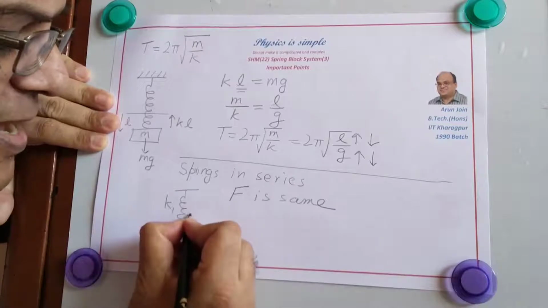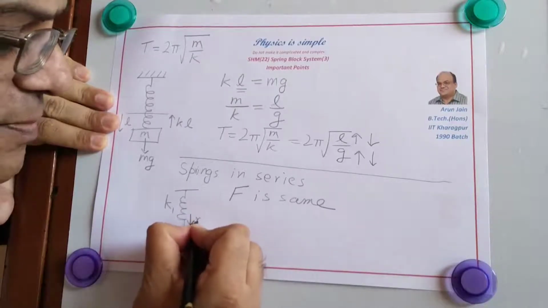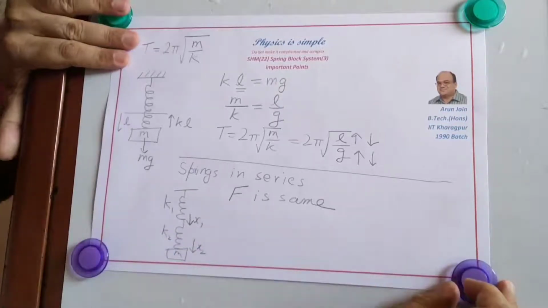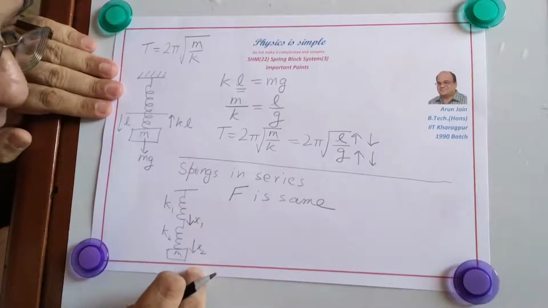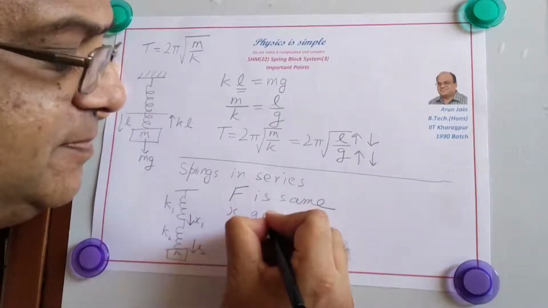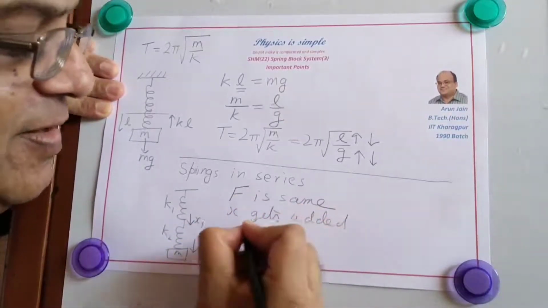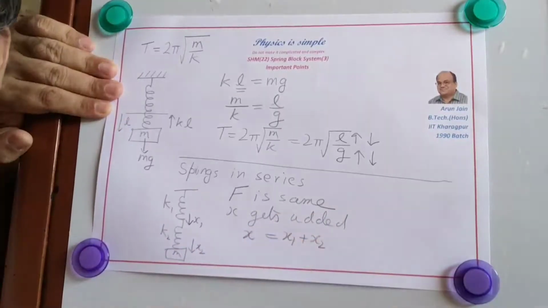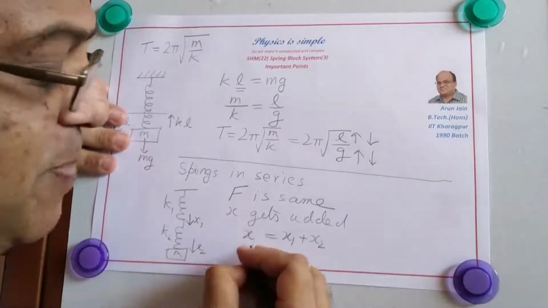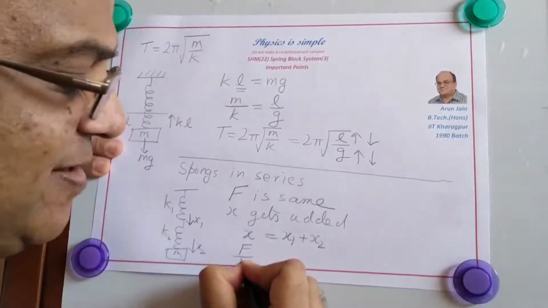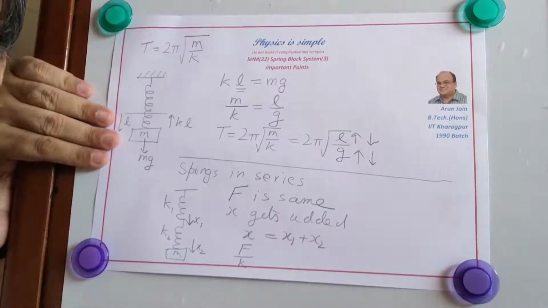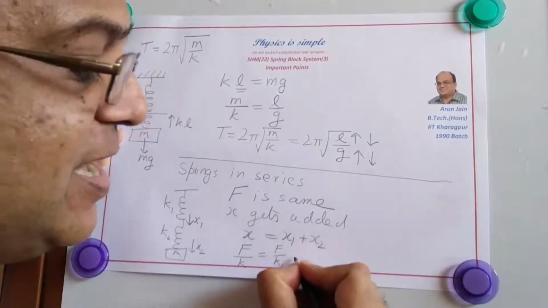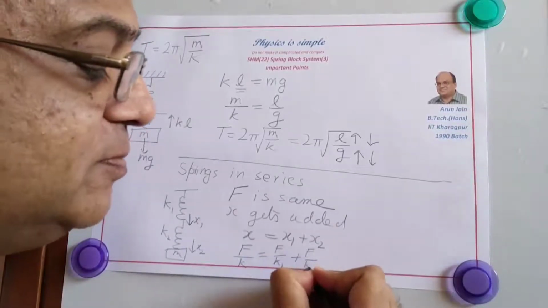Now, this spring, if it gets extended by x1 and this spring by x2, then the net extension is x1 plus x2, and this will get added. So x gets added. So x is equal to x1 plus x2, and F is equal to kx. So x will be F by k, where k is the equilibrium spring constant, and x1 will be F by k1 and x2 will be F by k2.